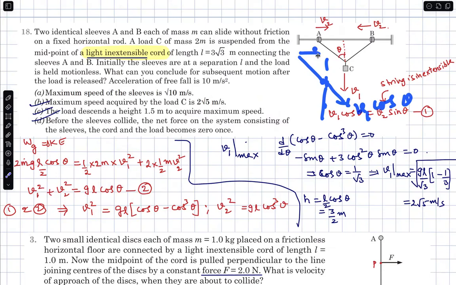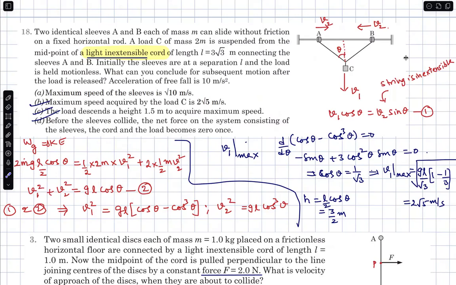Remember, this is V2. Obviously, this component is 90 minus theta. V2 cos(90 minus theta) becomes V2 sin theta. This end will have V2 sin theta. This end will have V1 cos theta. So V1 cos theta is V2 sin theta, which follows from the length of the string being constant.